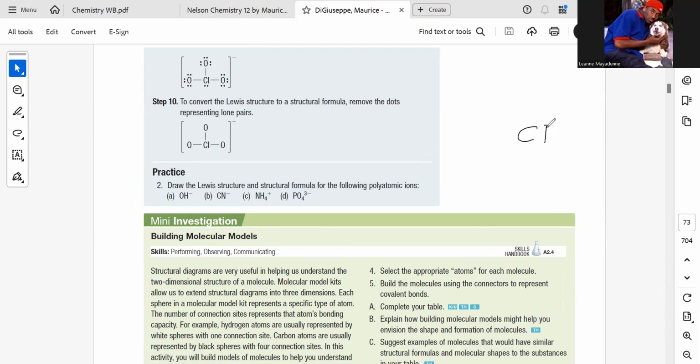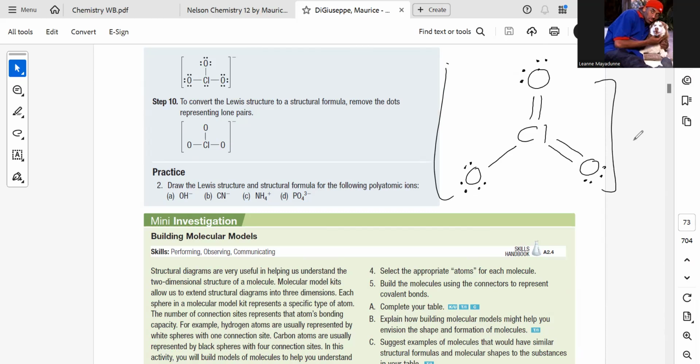We have chlorine, then we transferred a double bond, so we have a double bond over here and another double bond over here. And then we had one oxygen. This oxygen now will have 3 lone pairs, and this will have 2 lone pairs. So 2 lone pairs on oxygen means the charge is zero. So the structure that we have now is ClO3 minus.